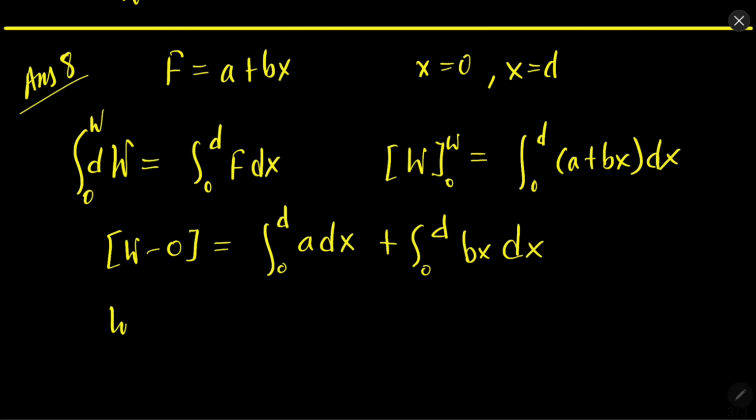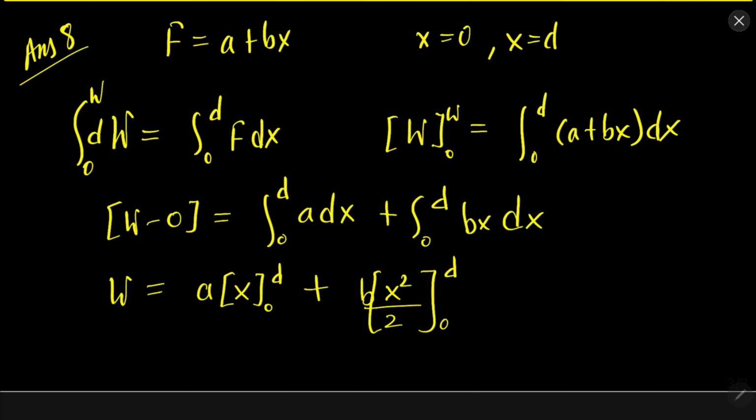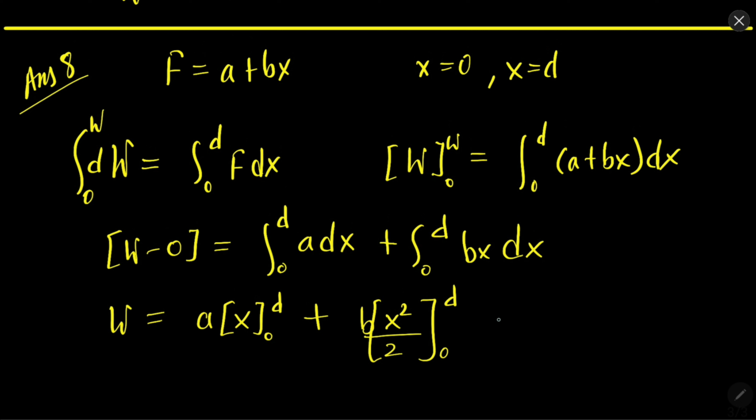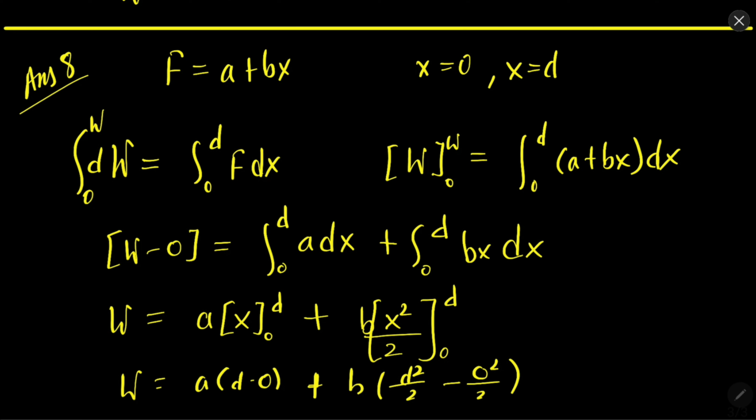So work equal to ax which will have limit 0 to d, plus bx square by 2 having limit from 0 to d. So once you put the limits, work done will be ad minus 0 plus bd square by 2 minus 0 square by 2.